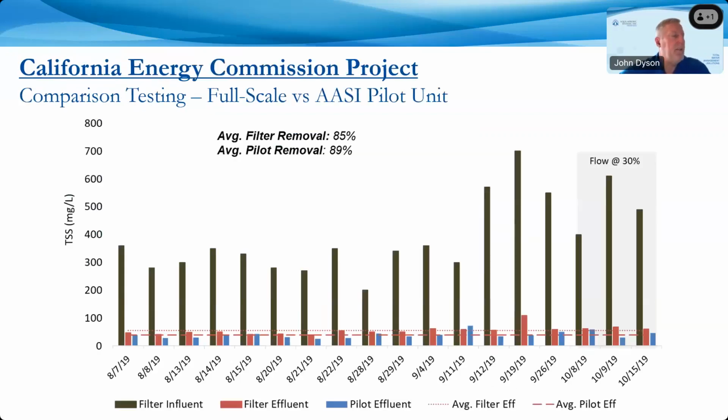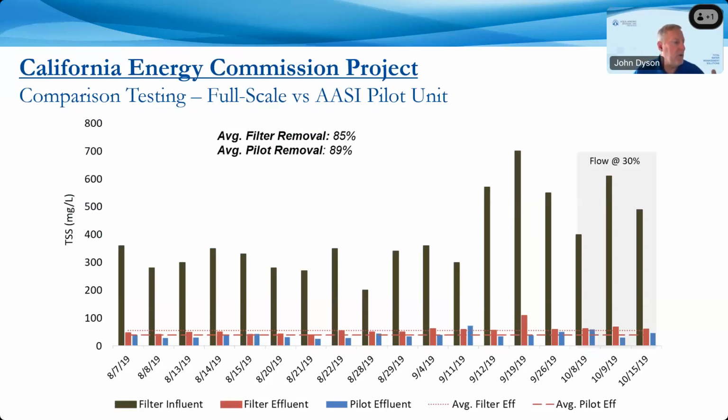As I mentioned earlier, when something is new, people want to have confidence that the technology is representative. So we actually took that full scale unit at Linda, put a pilot unit next to it, had them match up so they had identical flows coming in at any given time, and we did a comparison study.